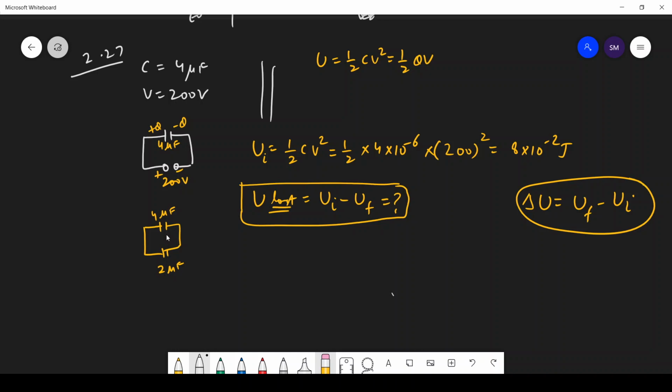Students, it's better if you can just open your NCERT and see example 2.10. It is similar to example 2.10, and in that question the capacitors were the same, but here the capacitors are different.